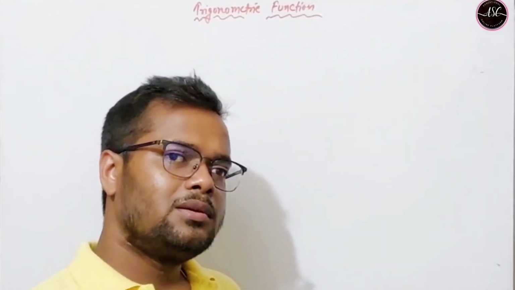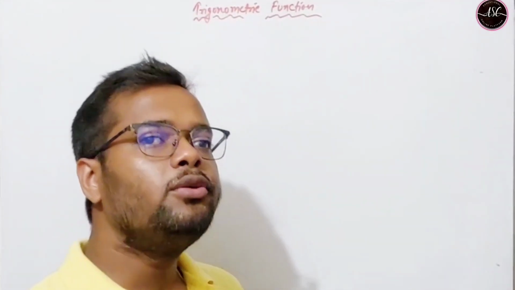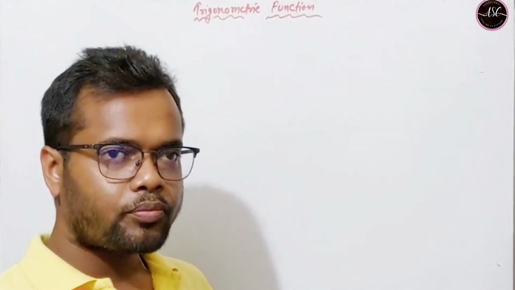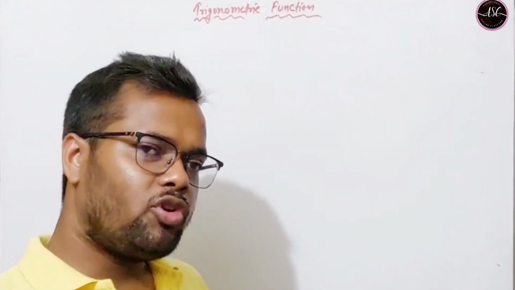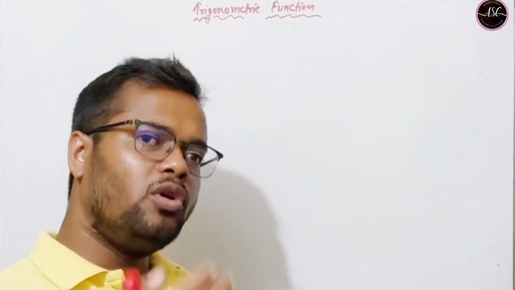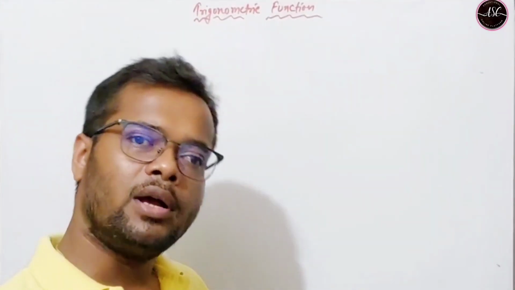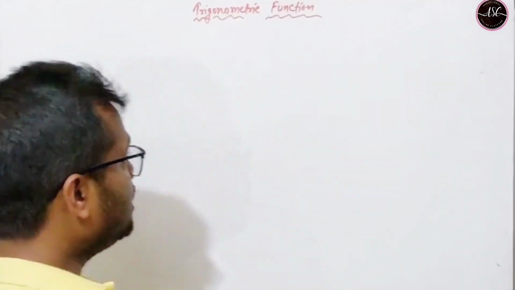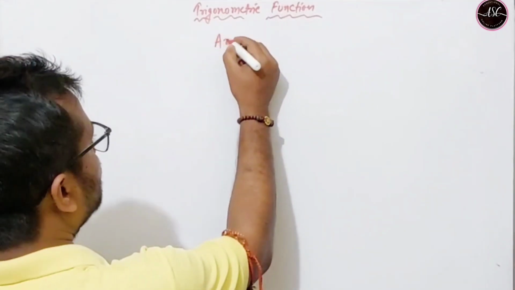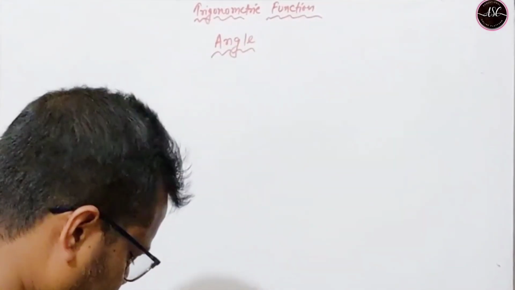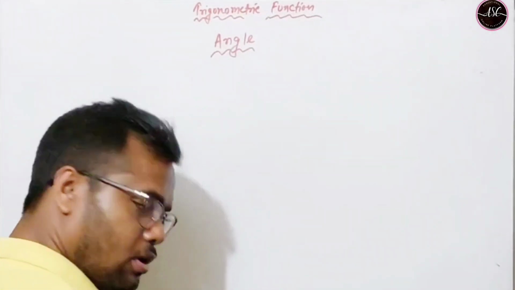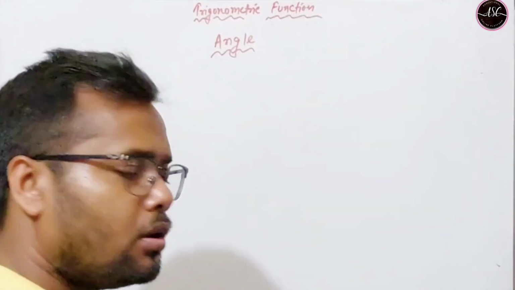In this class, we are going to learn about trigonometric functions. The previous concept of trigonometric ratio will be generalized to trigonometric function. Firstly, we are going to know about the angle. What is angle? You have already known that.